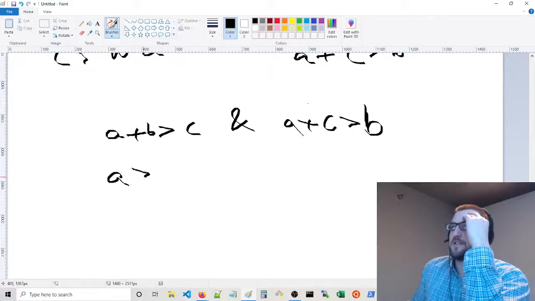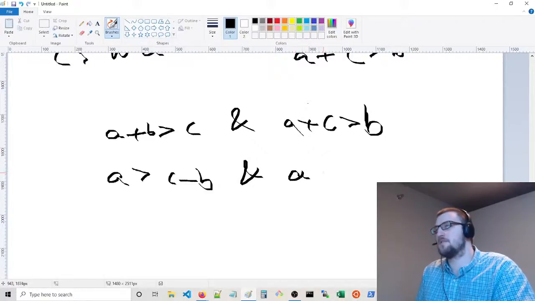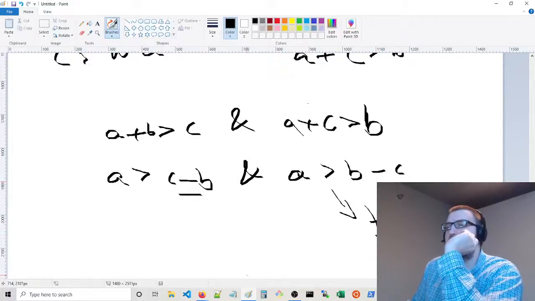A is greater than C minus B, and A is greater than B minus C. This is a positive number, so this is true by default. It's vacuously true by the assumptions we've made.